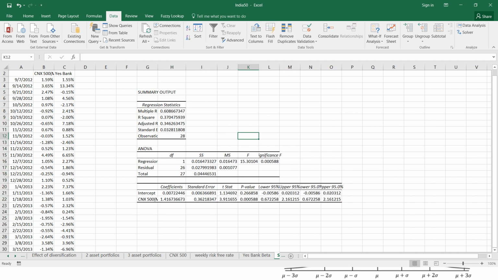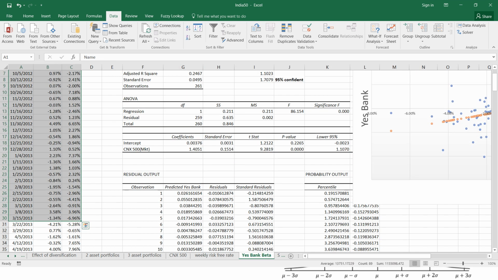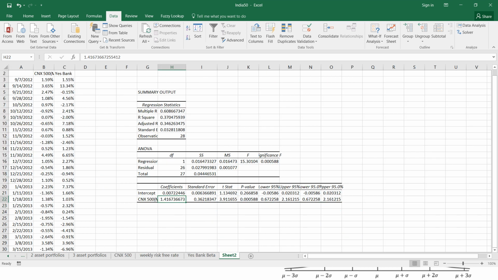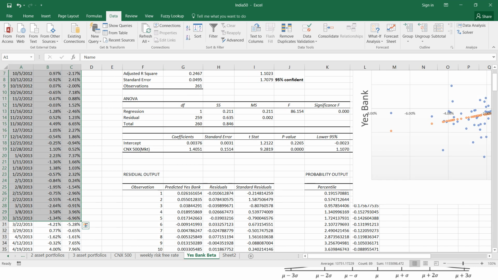So your beta is still not very different. 30 observations got you 1.41, and with 260 observations you were getting 1.40. So your beta hasn't changed much over the last 5 years. So with 30 weeks data, you have less than 1 year of data, and in this example, you have 5 years of data. So your beta hasn't changed much.